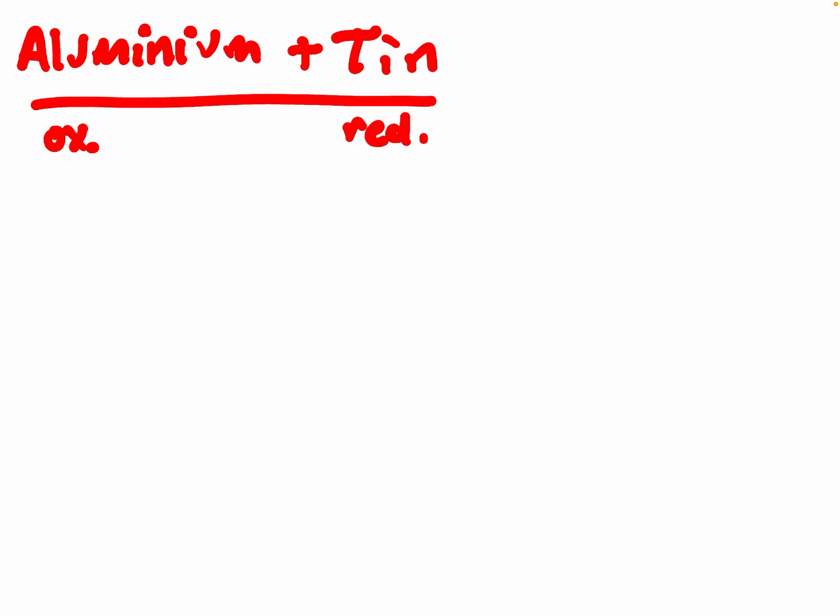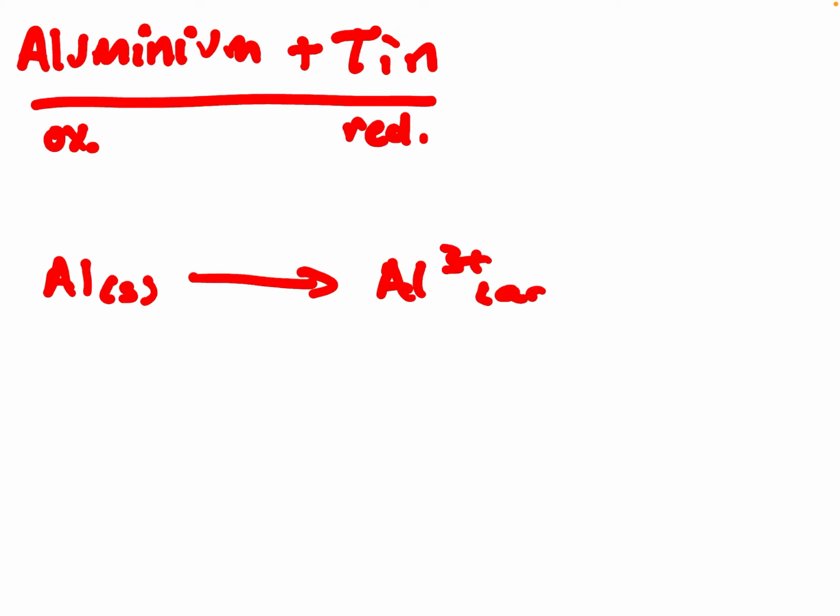Okay, so our two equations then, aluminium is going to be oxidized, so I would find that one in the data booklet and flip it. So that's going to be Al, and that loses 3 electrons. My next one, and this is going to be a tricky one, my tin, bearing in mind that tin does not have a T in its chemical symbol, it's Sn.